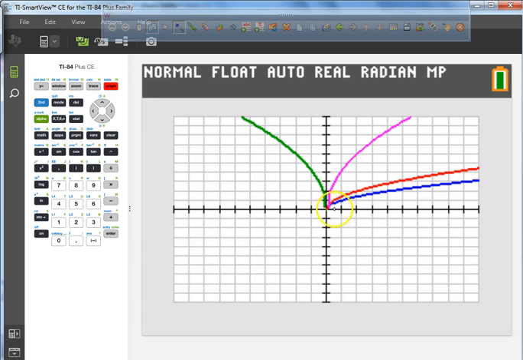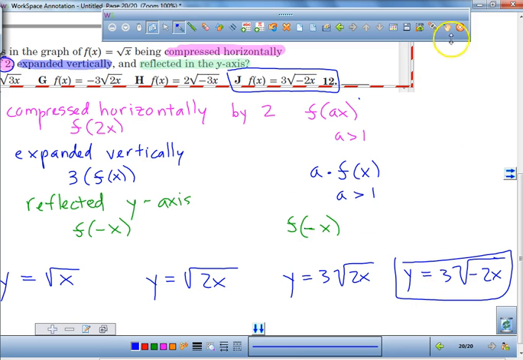Okay? So here, this was your original function. Here, this was compressed horizontally, which means it's going away from the x-axis. Here, it's expanded vertically because it's going towards the y-axis, and the green one is where it was reflected across the y-axis. So those are the 3 things that were happening.